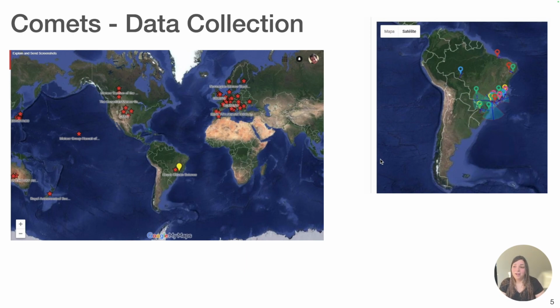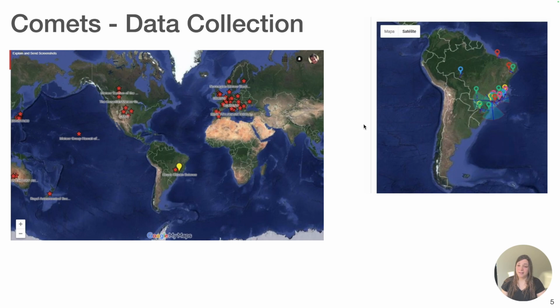To do that, NASA and SETI collected lots of data around the world. In all these star spots, you would see where cameras are installed. In many places around the world, there were amateur astronomers who had cameras on top of their rooftops, constantly recording the night sky.